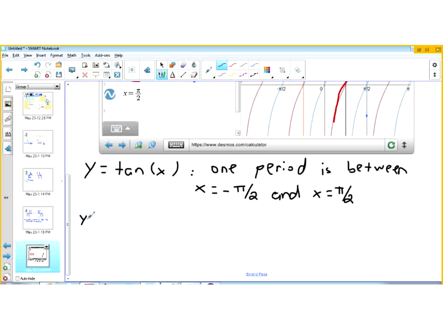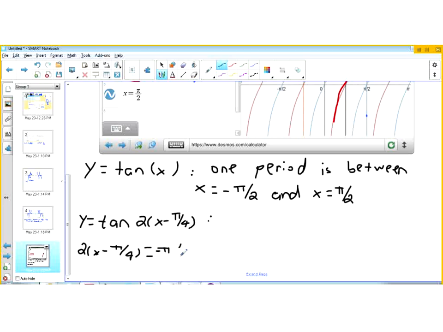Okay, so for this function, y equals tangent of 2 times x minus pi fourths, we want to calculate the endpoints of one period. That is found by setting 2 times x minus pi fourths equal to negative pi halves.